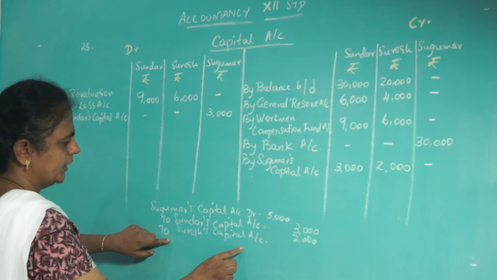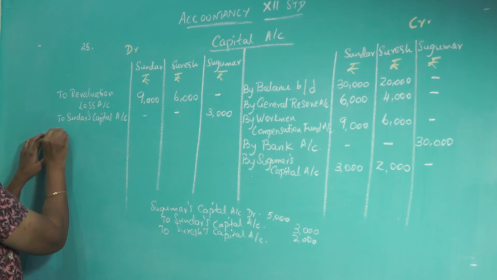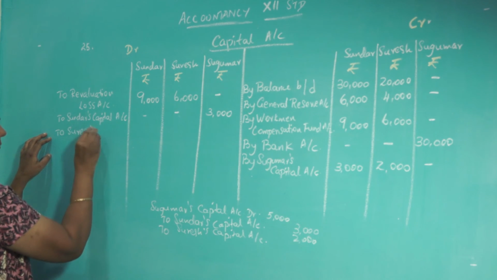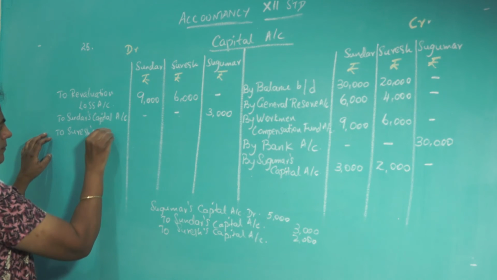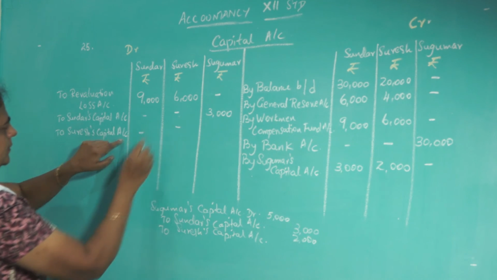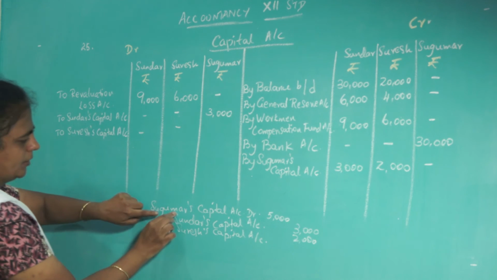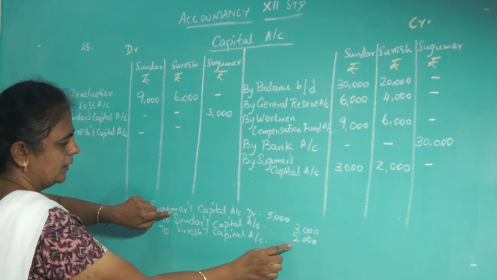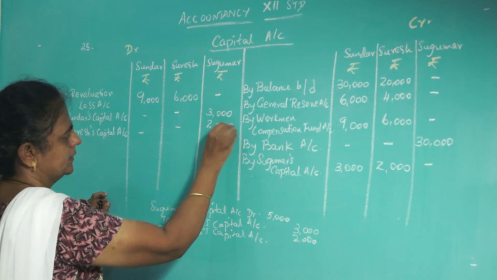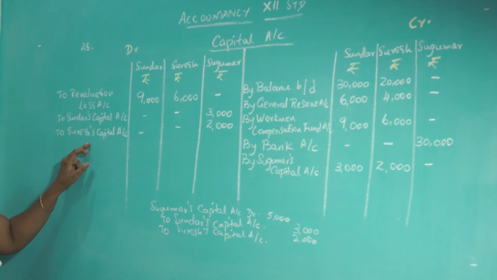Next, to Suresh's capital account, you are writing Suresh, but the amount goes for Sukumar, 2,000. So you have to write like this. Is it clear?